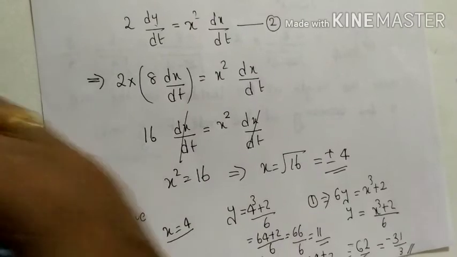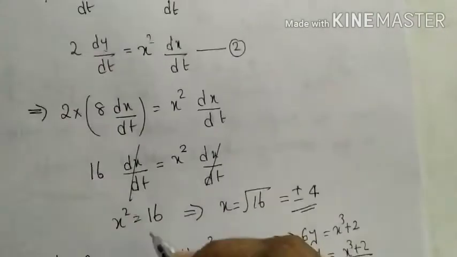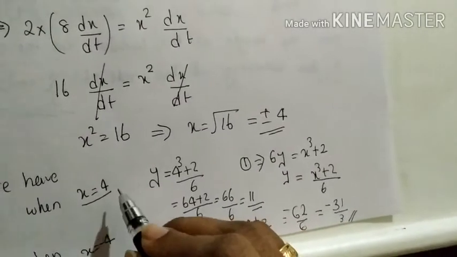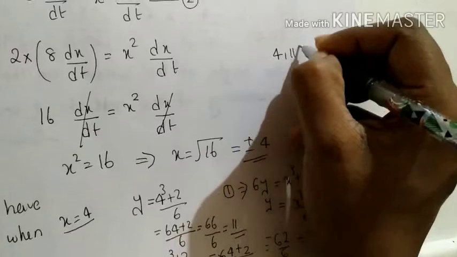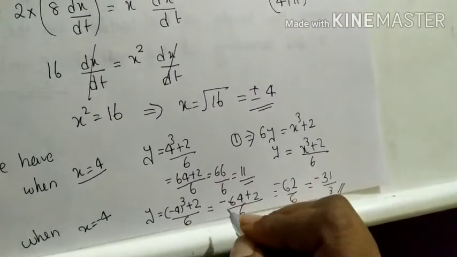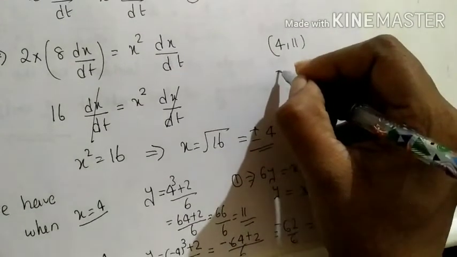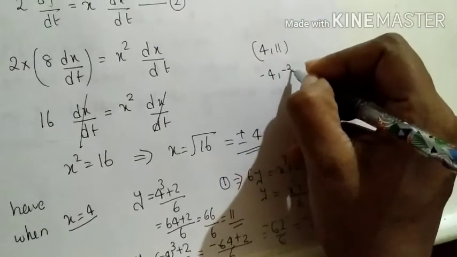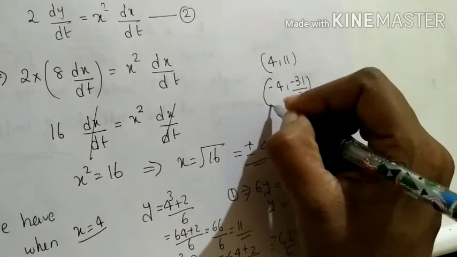Okay. Hence, the points required on the curves are first point is 4, 11 and second point is minus 4, minus 31 by 3.